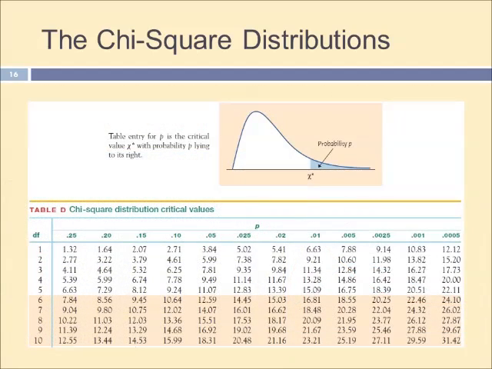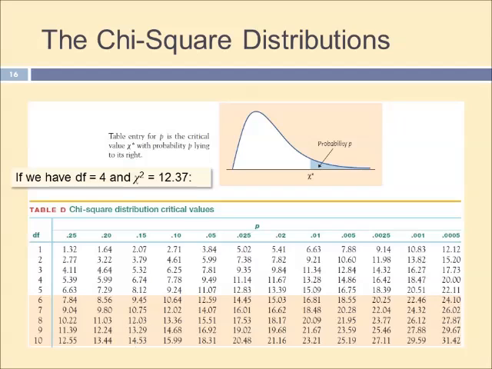So here is part of Table D from the appendix in the book. You'll notice we have degrees of freedom running down the left side, and then the p-values running across the top. It's similar to what we did with the t-scores.